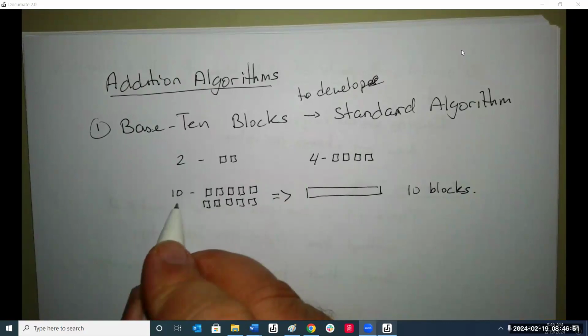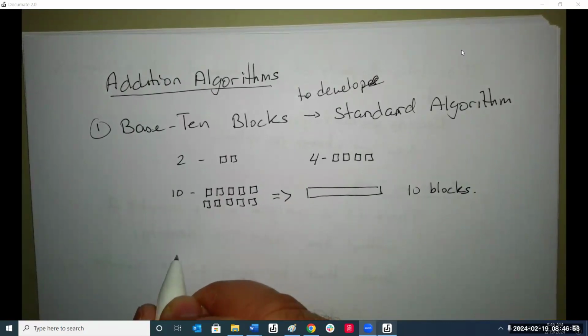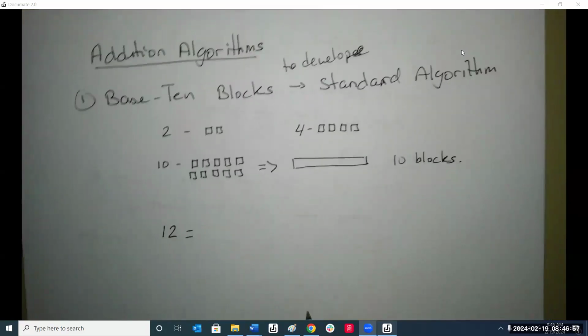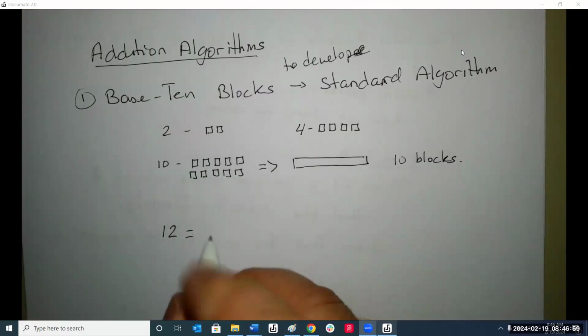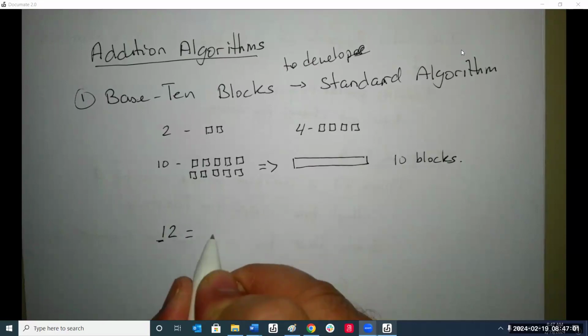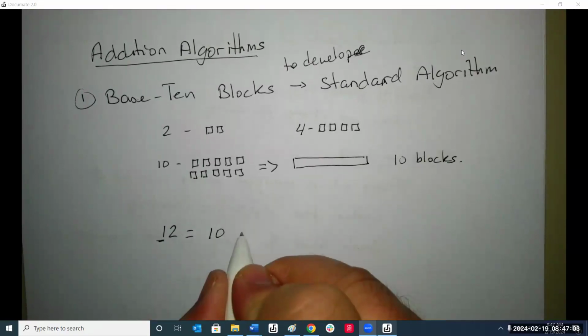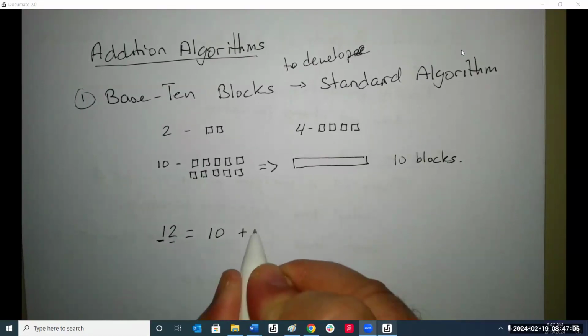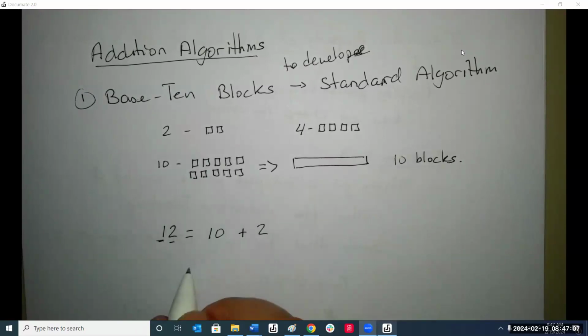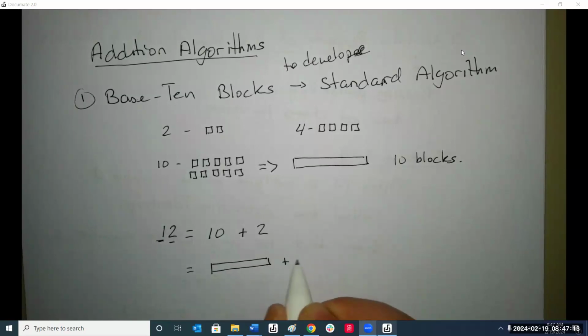And so then we introduce them to the number 12. The number 12 is made up of this number here, which is a 10, and the number here, which is a 2, which can be represented as a long bar plus 2 individual ones.